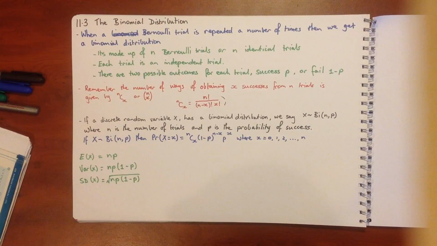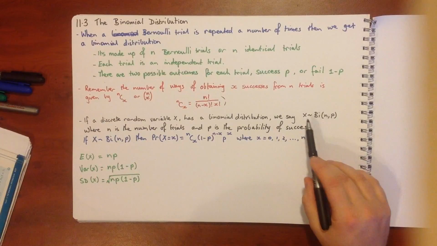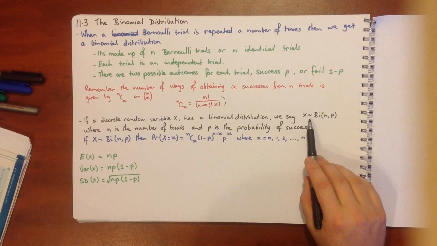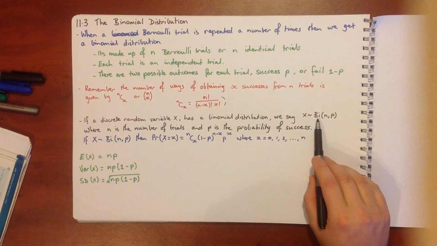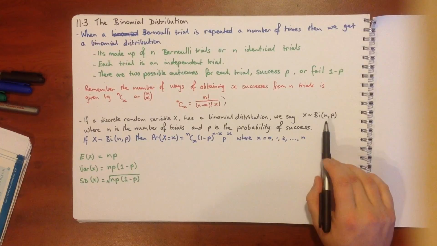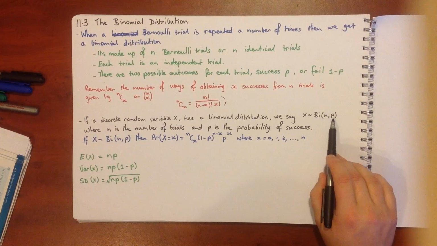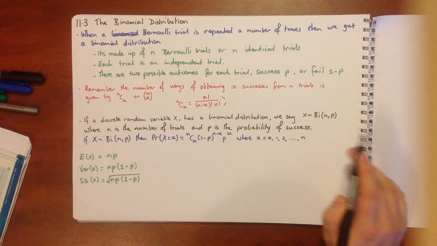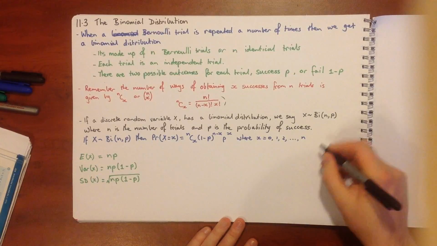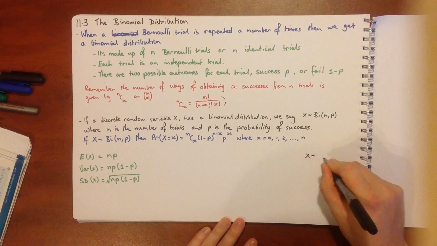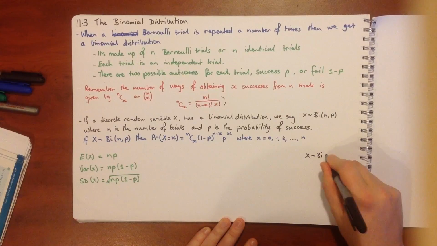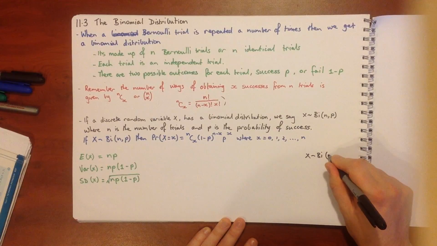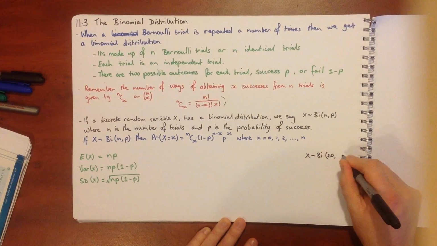If a discrete random variable X has a binomial distribution, we say that X is a random variable with a binomial distribution, where n is our number of trials and p is our probability of success. For example, you might be given that X is binomial with 20 trials and the probability of success is 0.3.